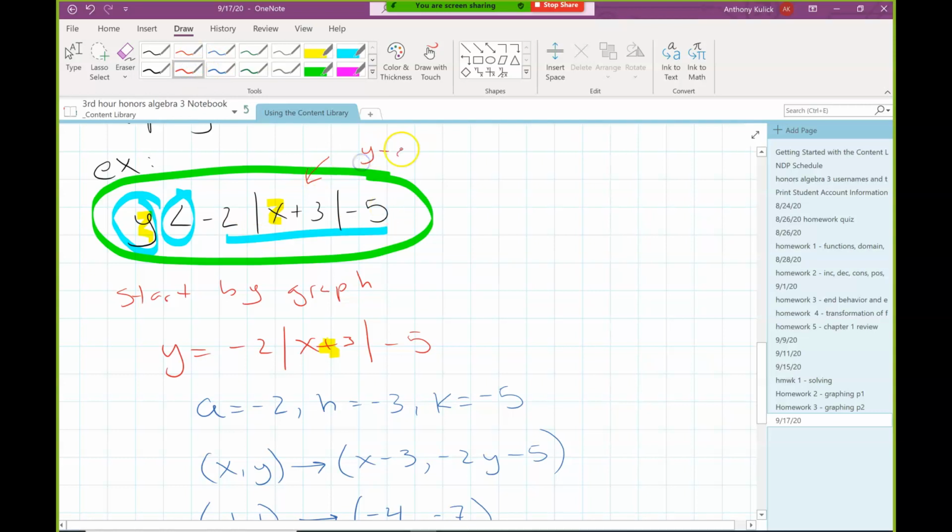This value is the y coordinate. So which way should I be shading if I want the y's that are smaller than the y coordinates on the line? Below, right? For a given x, we have some point on the graph. I want all the points with that same x value, but y values that are smaller. So we're going to be shading below. Does that make sense to everybody?